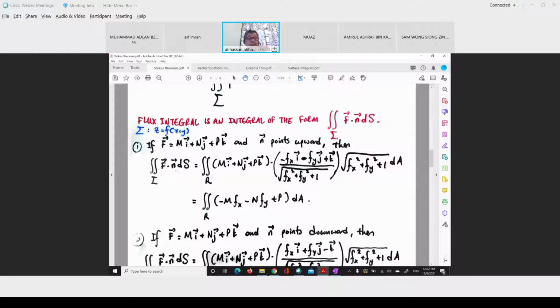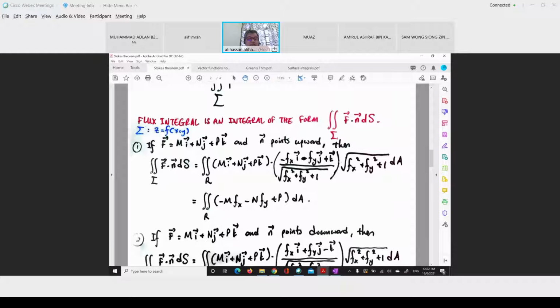And remember, the surface element dS is equal to the square root of f partial x squared plus f partial y squared plus 1. So the square root cancels out. And then we have a dot product of these two vectors. You know how to take a dot product of two vectors, right?